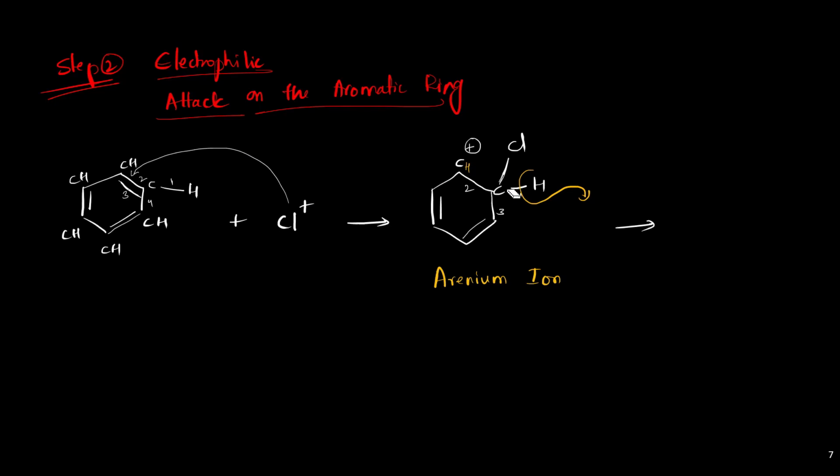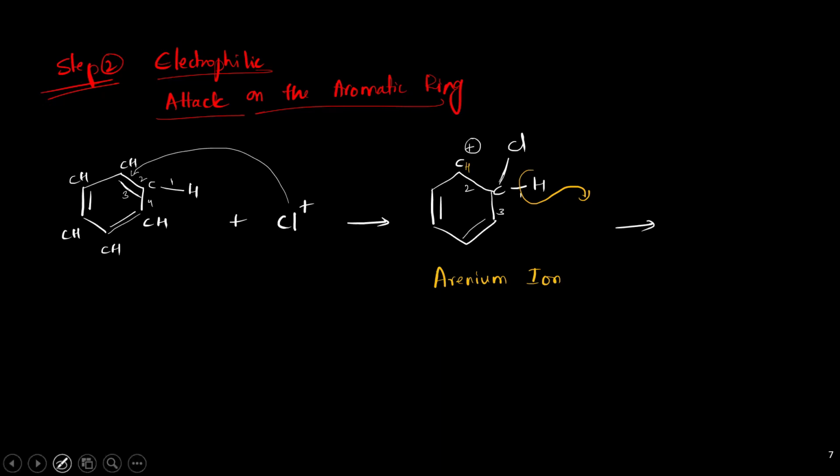When it attaches to one carbon, the other carbon is bound with only three bonds, but actually the carbon should bond with four bonds. So that's why there is a positive charge. As it contains the positive charge, this carbon will leave this hydrogen and try to bond with this carbon. So that's how the third step will happen.